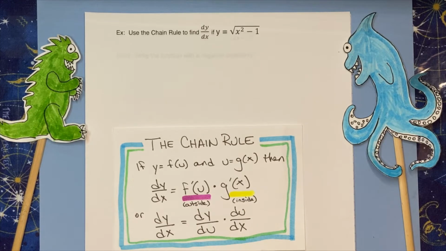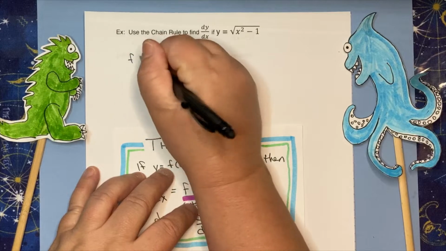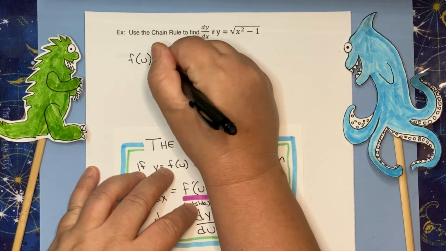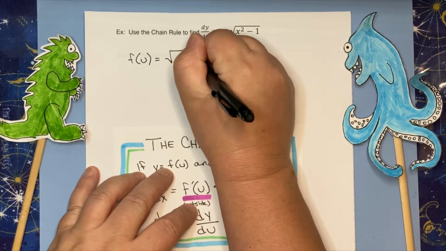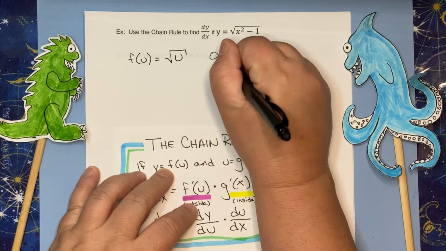So I'm going to go ahead and say, okay, I see f of u as being the square root of u. So this is the outside.